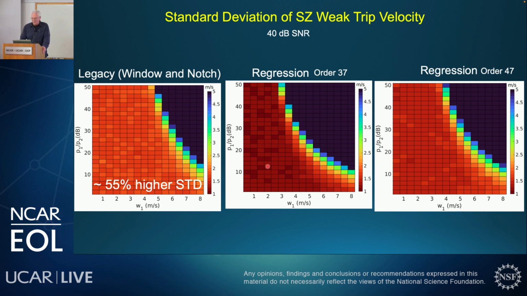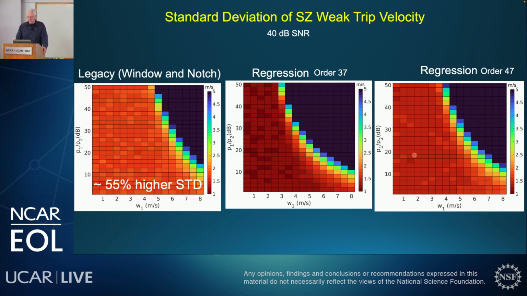You can see that this has much darker colors, much lower standard deviations, and the standard deviations here are about 55% higher than what we see with our regression filter. You do, however, see there's a little less recovery area, even though the statistics are much better in this area. But you can use a higher order regression. You lose some of the advantage in standard deviation, but you do expand it.